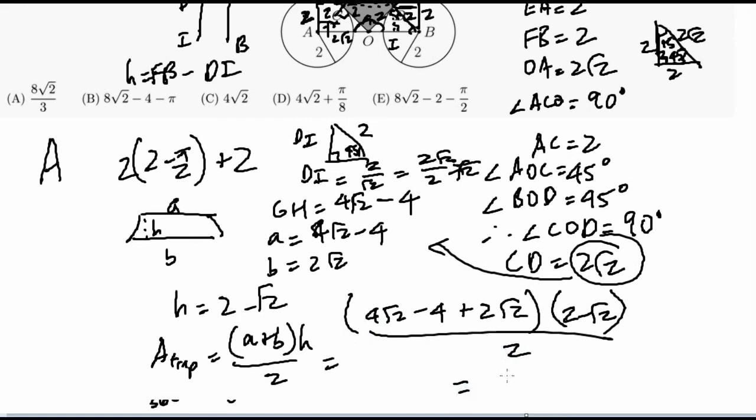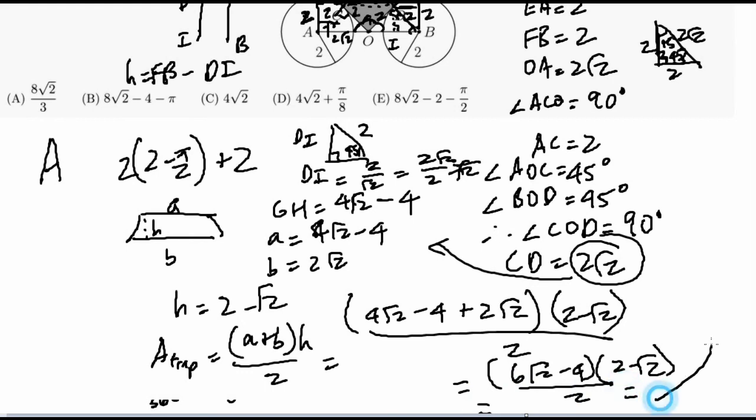Which should be just, let's see, 6 square root 2 minus 4, times 2 minus square root 2. Let me just do these calculations in my head. Over 2. I'm running out of room. So that's minus 4, so it's plus 4 root 2 plus 16 root 2.